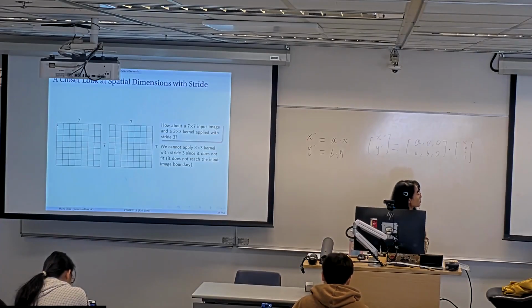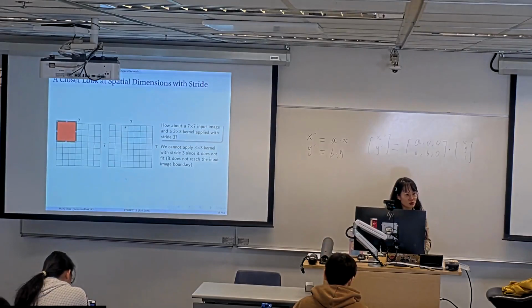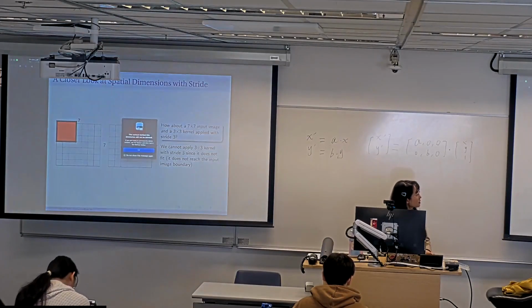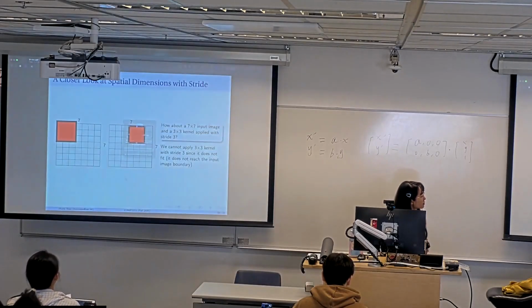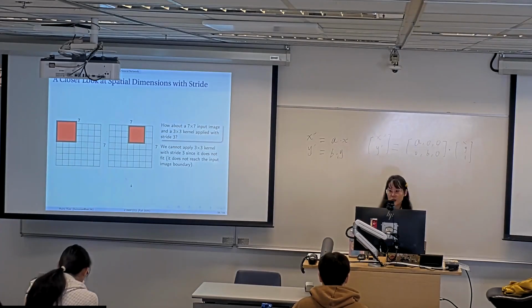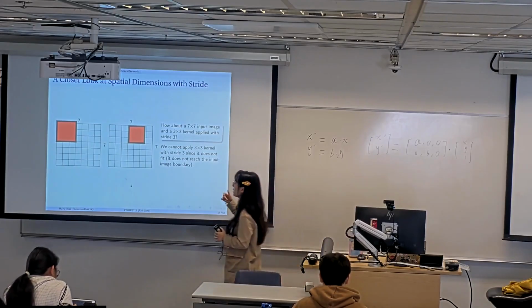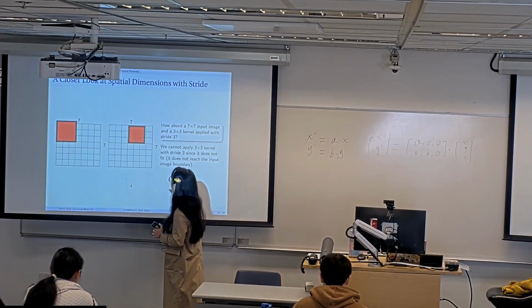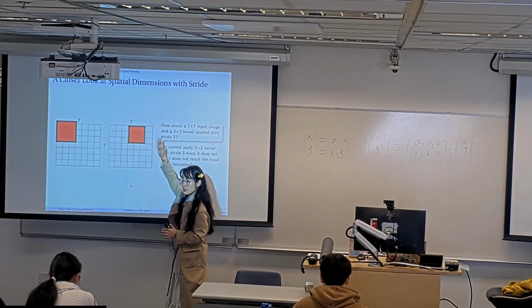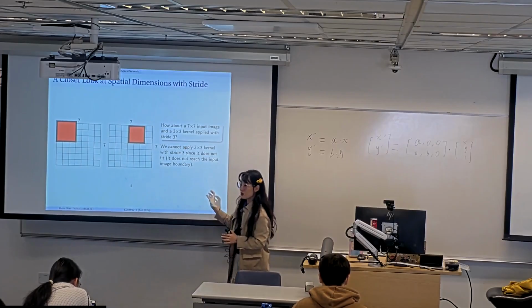Then the first step overlaps with such an image patch, and then it moves 3 pixels, so it comes here. And then we cannot continue to the next step, because if we move it 3 pixels further, the kernel's first column would overlap with this column, but it's out of boundary, right?